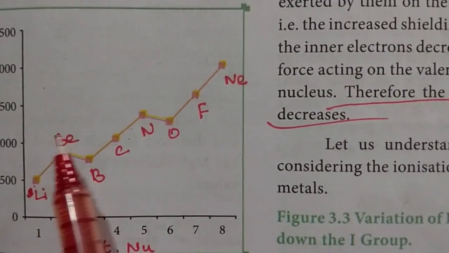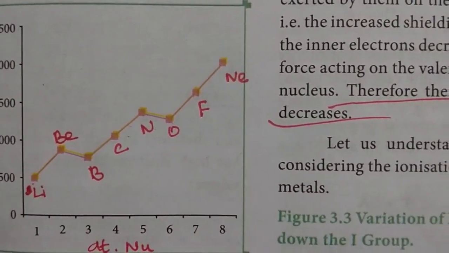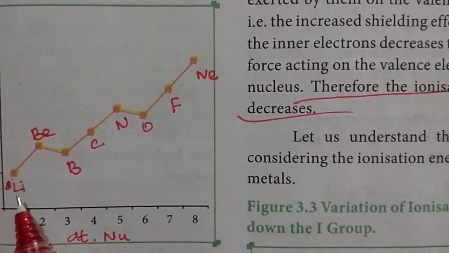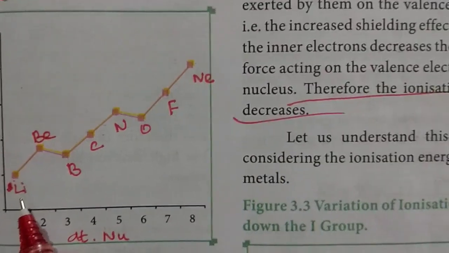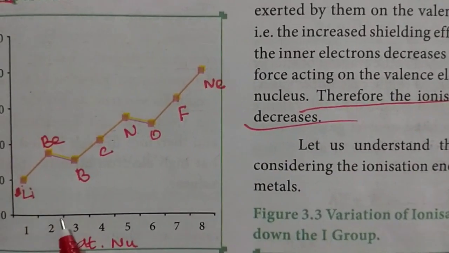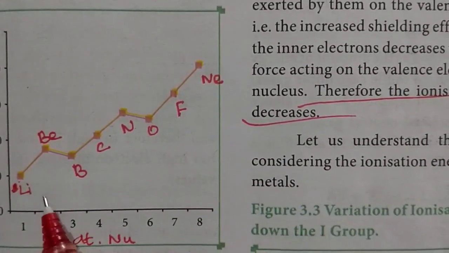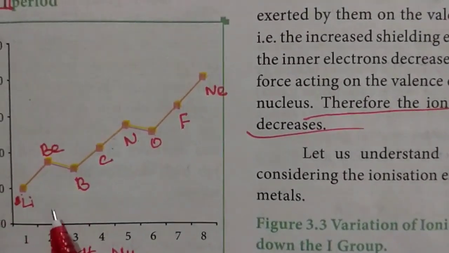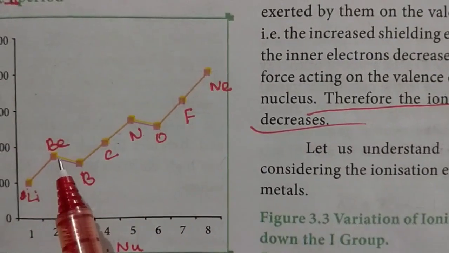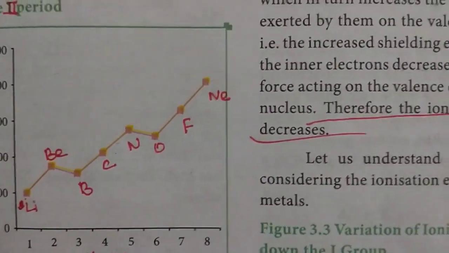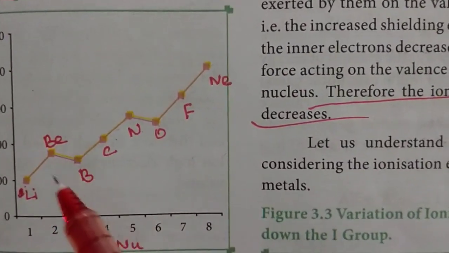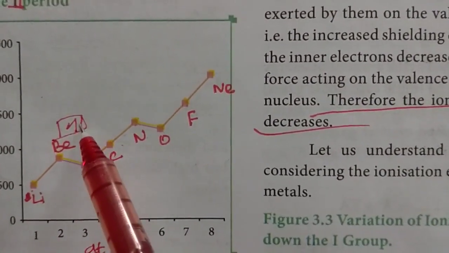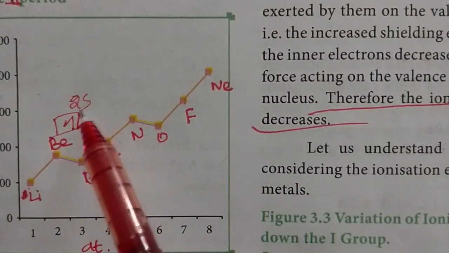Why? Because of the filling of electrons in the same orbital. Lithium, what orbitals are present in lithium? 1s2 and 2s1. So the final valence electron is 2s. In beryllium also it is 2s. In lithium only one electron is present. Beryllium contains 2 electrons, 2s2.